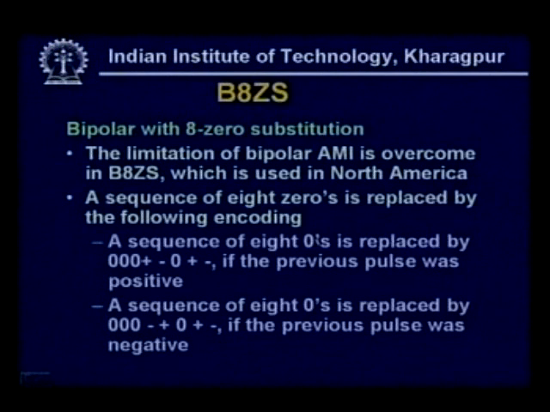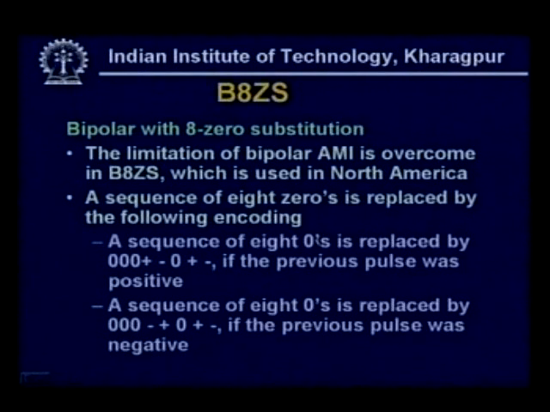Let us pick up where we left in the last lecture. I mentioned that although AMI is a good scheme, it has some limitation because it does not provide you synchronization. Although it is very good from the viewpoint of bandwidth, it does not have a large bandwidth.